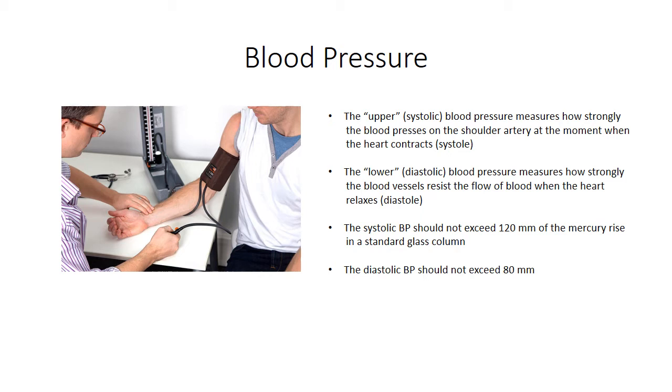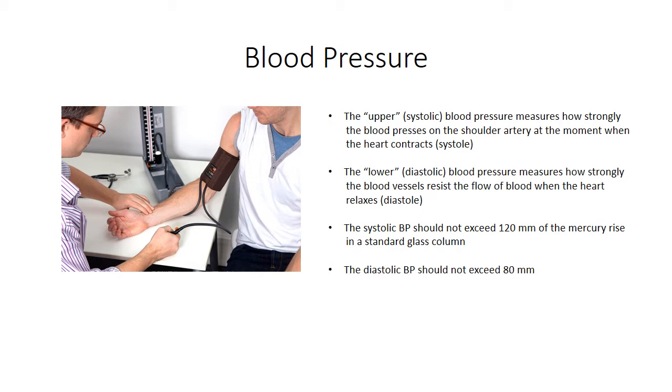One is called upper blood pressure, or another word is systolic blood pressure. It is the pressure of the blood in the shoulder artery exerted on the walls of the shoulder artery at the moment when the heart contracts, right?